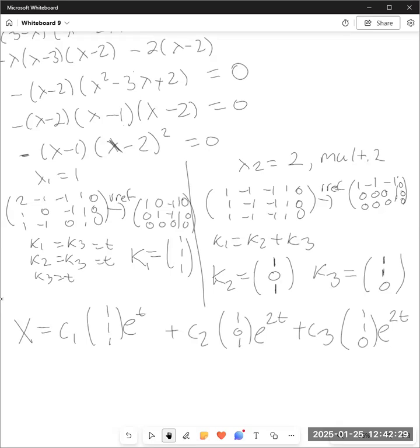So I had as many representations of k there as I had my multiplicity here.